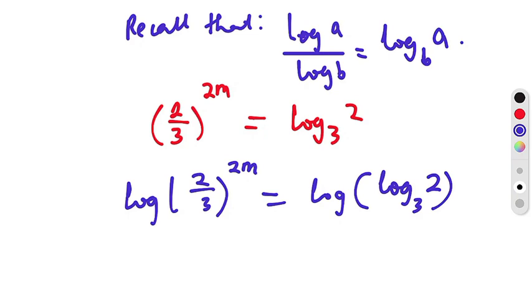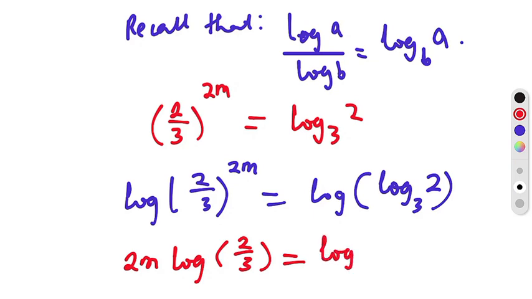From there, this 2m goes down and multiplies. You're going to have 2m log 2 over 3, which equals log of log 2 base 3.